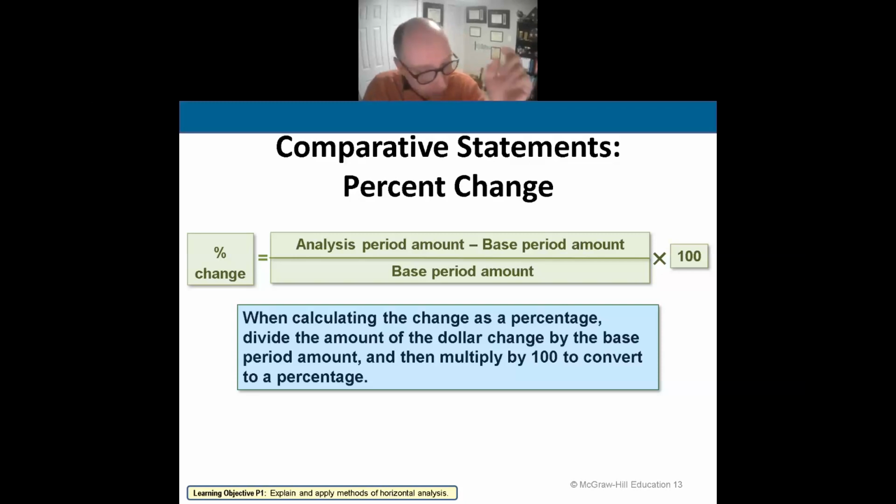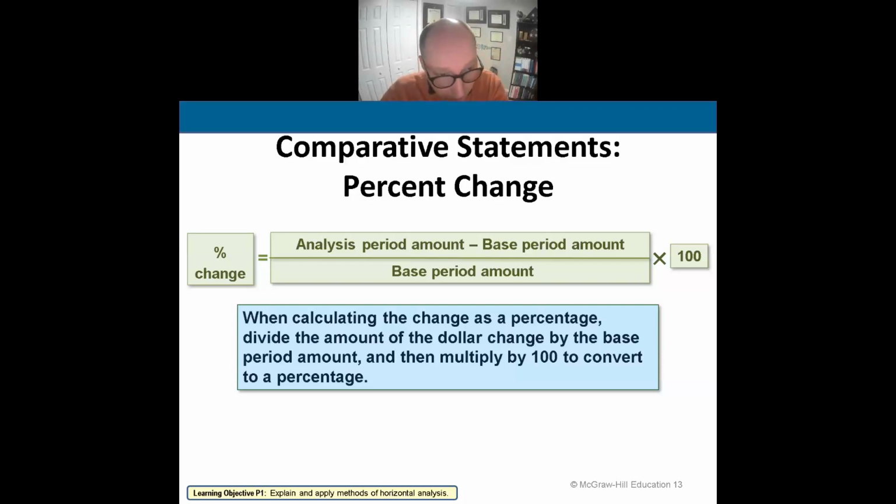So here's my example. In 2022, I had $1 million in sales, minus my sales from 2021, which was 800,000. That gets me 200,000 on the top part of the equation. So 200,000 divided by the base period amount, which was 2021 sales of 800,000.